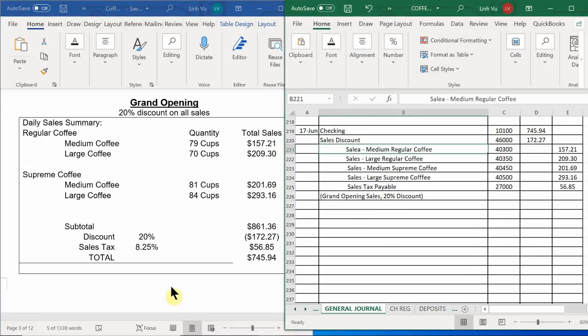Okay, but in this case, my question is, did we deal with a person in general? Do we need to use the subsidiary ledger for this transaction right here? No, we didn't deal with no. Okay, so your answer's half right. Yes, we did deal with somebody, but no, we don't need to use the subsidiary ledger. That is correct.